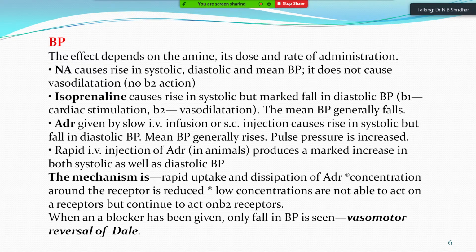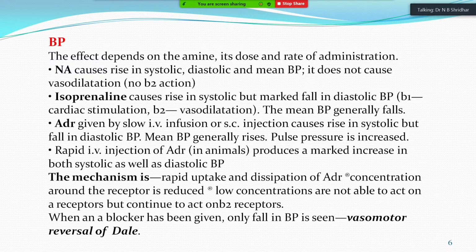The rapid IV injection of adrenaline produces a marked increase in both systolic as well as diastolic BP. Whereas if you administer it by slow IV, the systolic blood pressure will be increased, whereas the diastolic blood pressure will be decreased, because the action is different on beta 1 and beta 2 types of receptors. And the mechanism is a rapid uptake, so the concentration of adrenaline around the receptor is reduced, and low concentrations are not able to act on the alpha receptor but continue on the beta receptor.